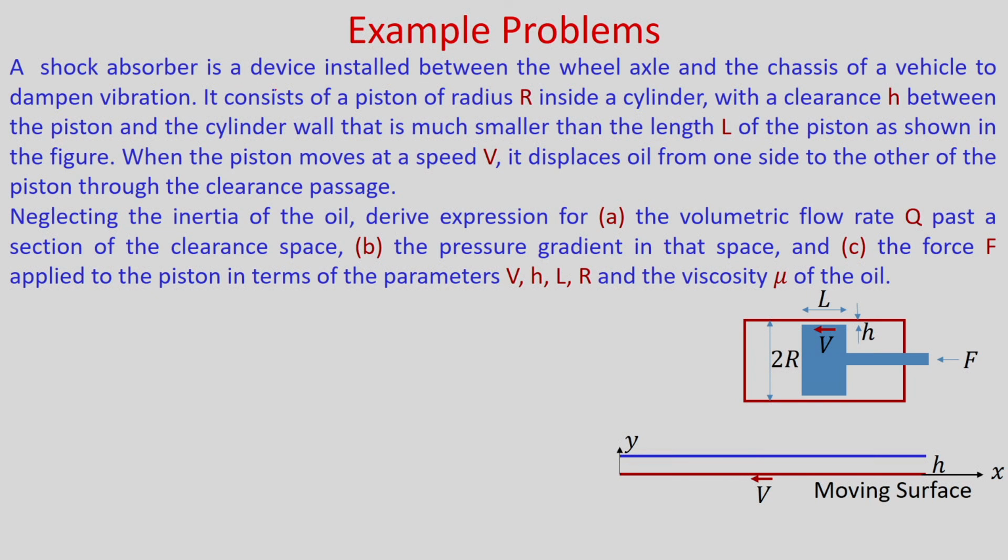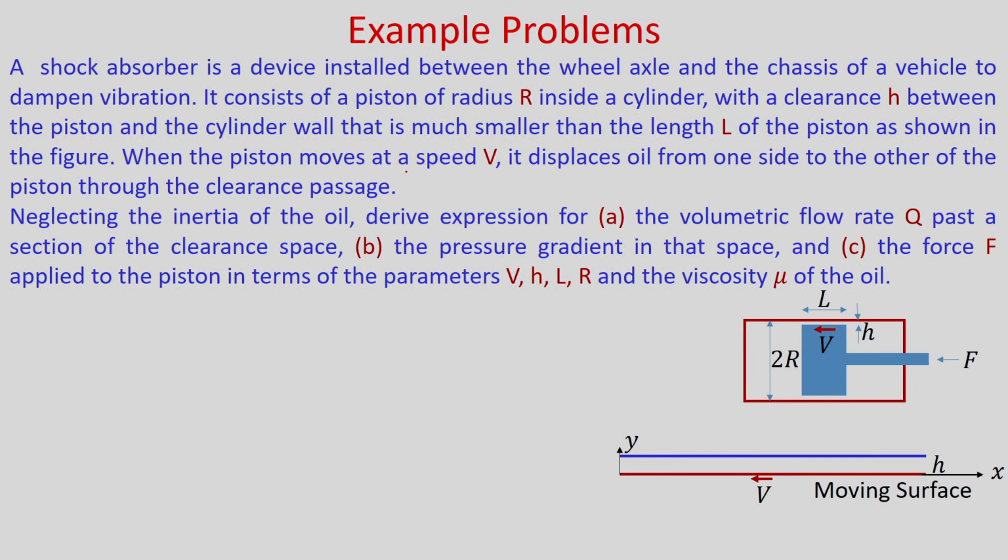A shock absorber is a device installed between the wheel axle and the chassis of a vehicle to dampen vibration. It consists of a piston of radius r inside a cylinder with a clearance h between the piston and the cylinder wall, that is much smaller than the length L of the piston as shown in the figure.